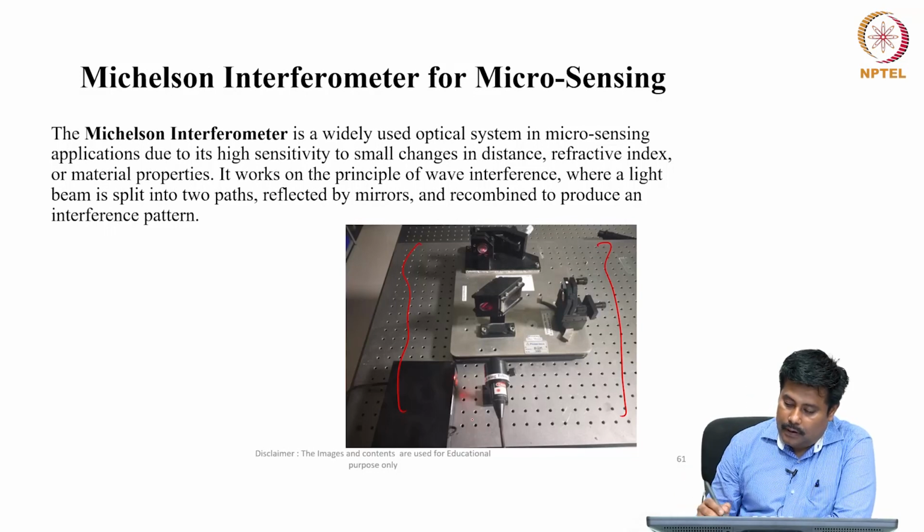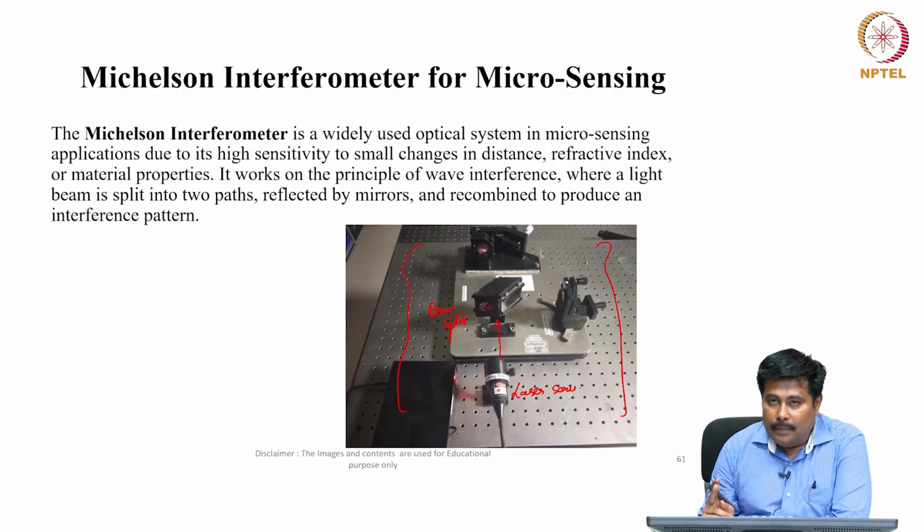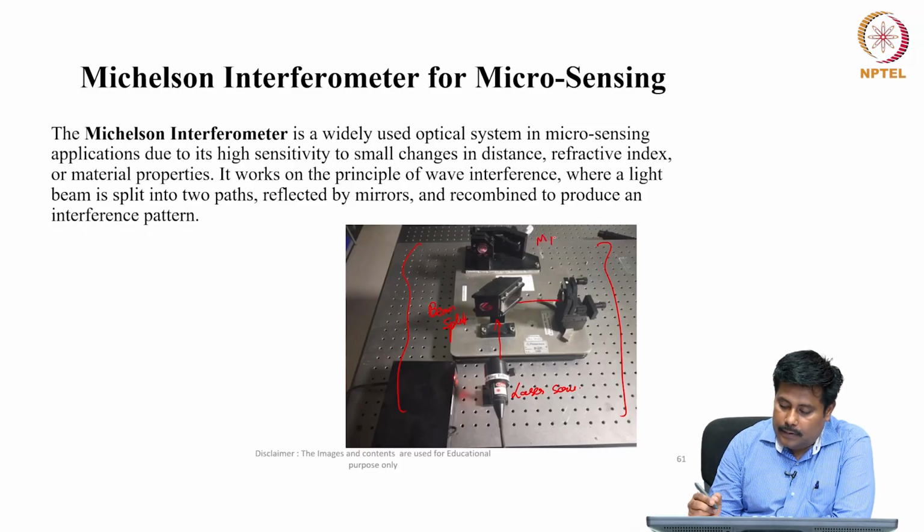If you see the overall construction of this Michelson's interferometer arrangement, there is a laser source. The laser source is illuminated and made to pass through the beam splitter. From the beam splitter, the beam is split into two. There are two mirrors, mirror M1 and mirror M2, and finally, the output is collected on a separate screen.